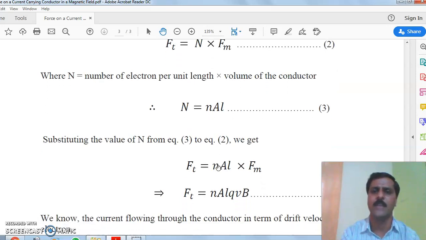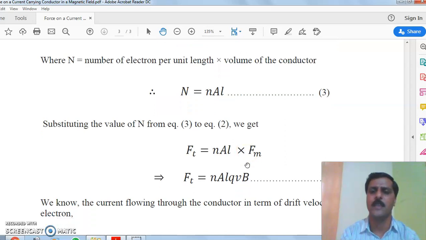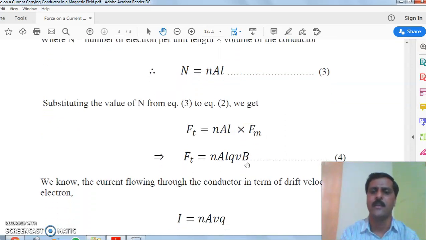If we substitute that value in equation number 2, we get the total force equal to nAL multiplied by Fm. Fm is the Lorentz component of magnetic force experienced by an individual electron, and that is due to all the electrons. So that is equal to nAL q B into v.